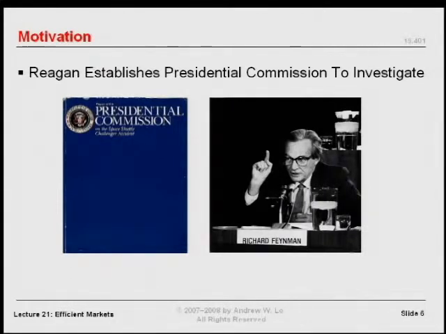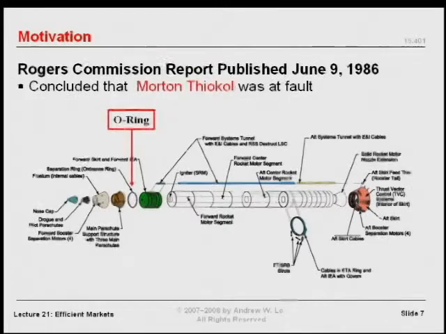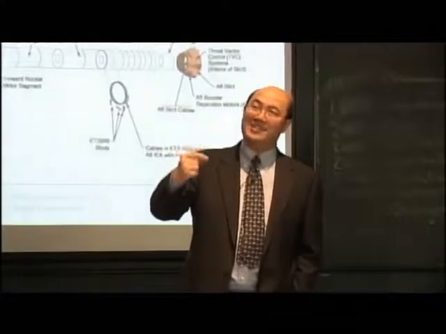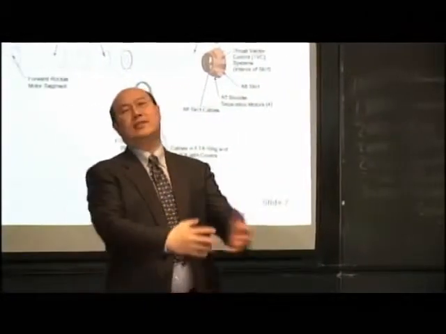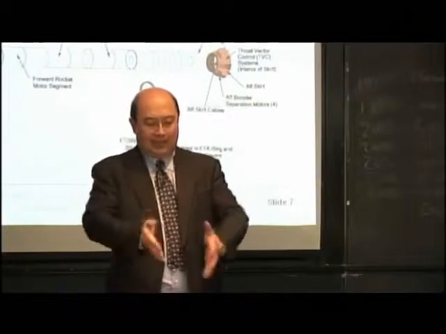But the bottom line, after all the dust settled, was that in June of that year, about 6 months later, a report was produced that showed that it was an O-ring, a piece of rubber around a booster rocket that ended up becoming brittle. And because it became brittle in the cold weather, gases leaked from that booster rocket, and those gases ignited after takeoff.